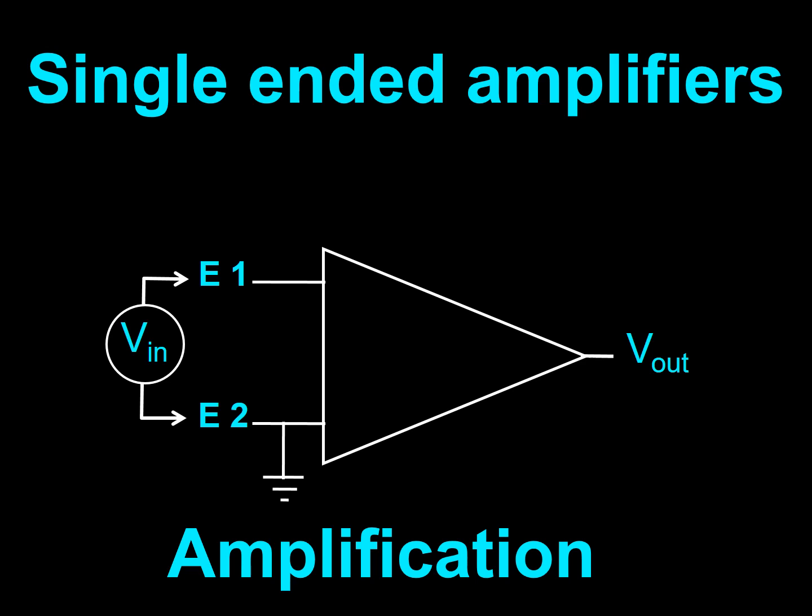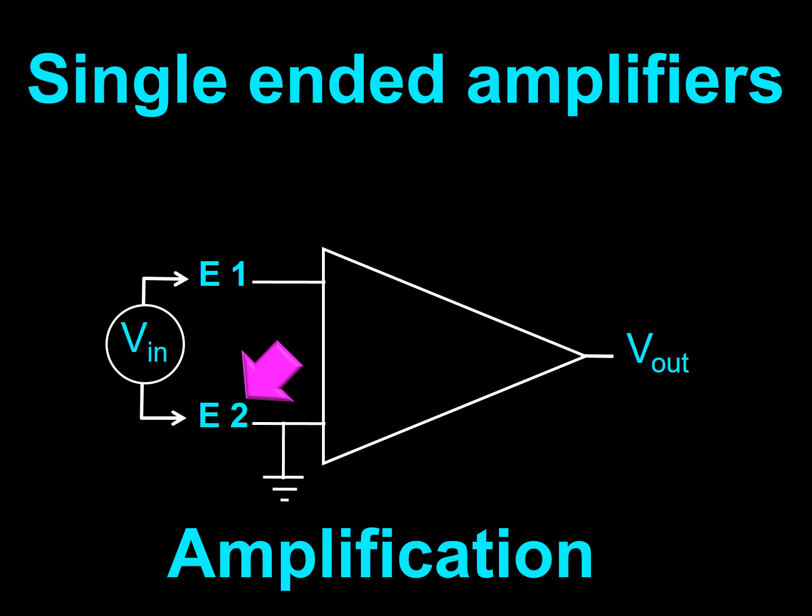Single-ended amplifiers have 2 pins. One pin connected to the area of interest, here labeled E1, and a second pin, here labeled as E2, that is used as a reference.